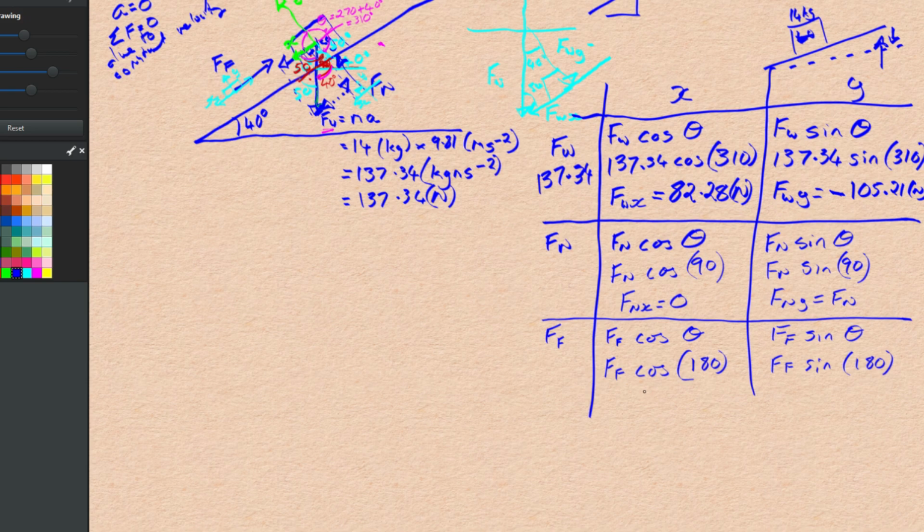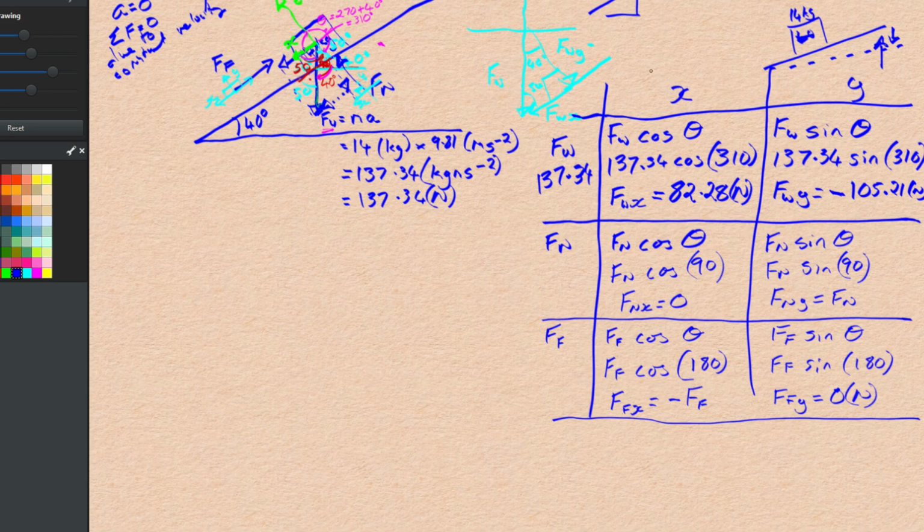So Ff in the x direction is equal to minus the size of the friction force, because it's in the negative x direction. And Ff in the y direction, sine of 180 is equal to 0. Check it on your calculator, equals 0 newtons. Okay, that's what we've got there.